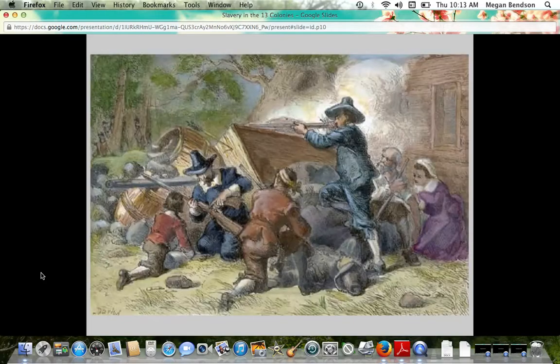Next is this event called Bacon's Rebellion, and this was a vastly complicated rebellion that you'll learn about more when you do your reading in Howard Zinn. But one of the components of this rebellion was mostly about the income gap and treatment of indentured servants in the lower classes.